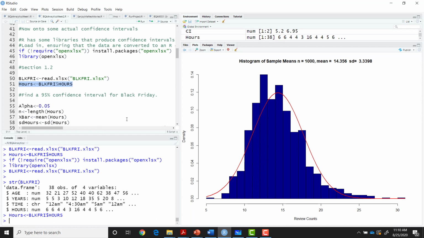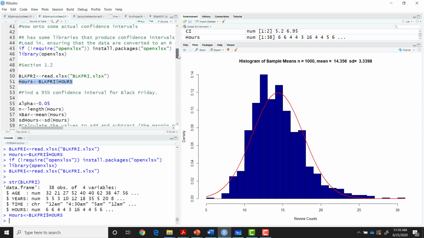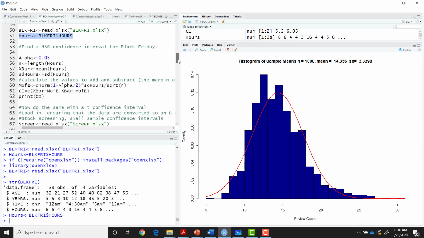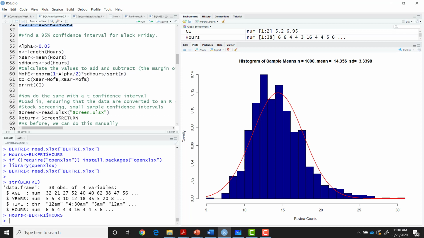And what we want is a 95% confidence interval. So if you recall, we're doing x bar plus or minus z alpha over 2 times sigma over root n. Now, let me just go back to this.